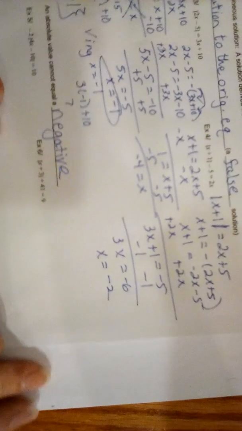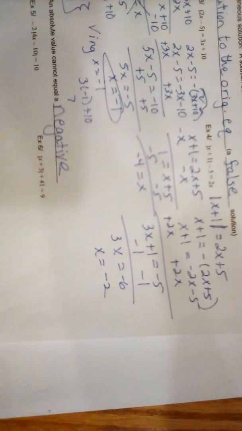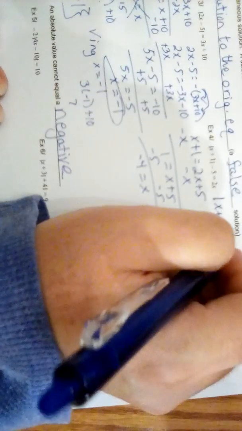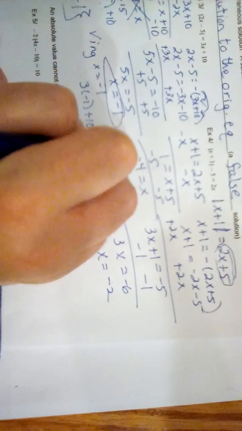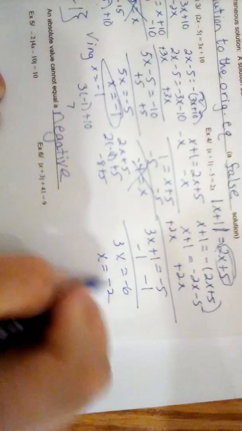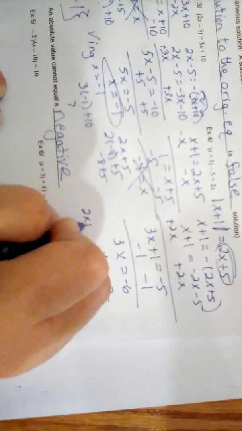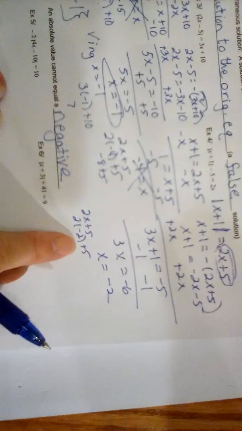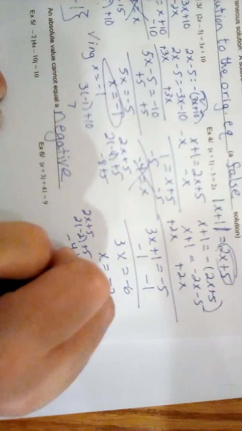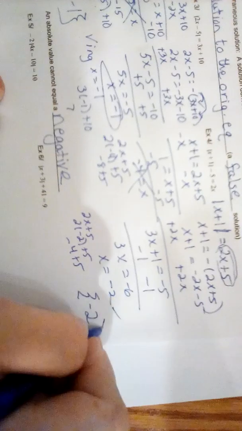Again we're going to check them, and I'm going to check it into 2x plus 5. That's negative 8 plus 5. Oh, that's a negative. Doesn't work. Let's try this one. Negative 4 plus 5. That one checks, so your only answer is a negative 2.